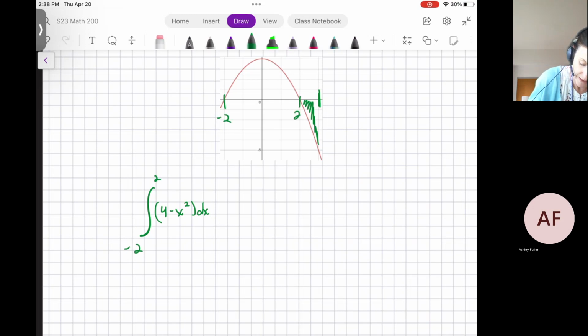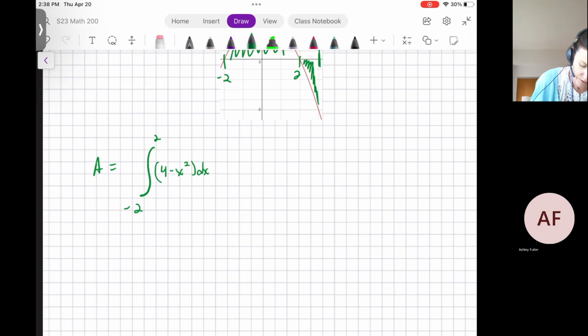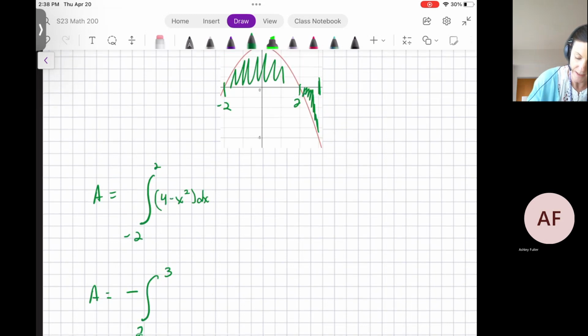This is the portion that's positive. That will give us one area. And then we can also take the negative of the region from 2 to 3, because since this is going to be the negative number, if we take the opposite of that, we'll get a positive number, and then we can add them together.